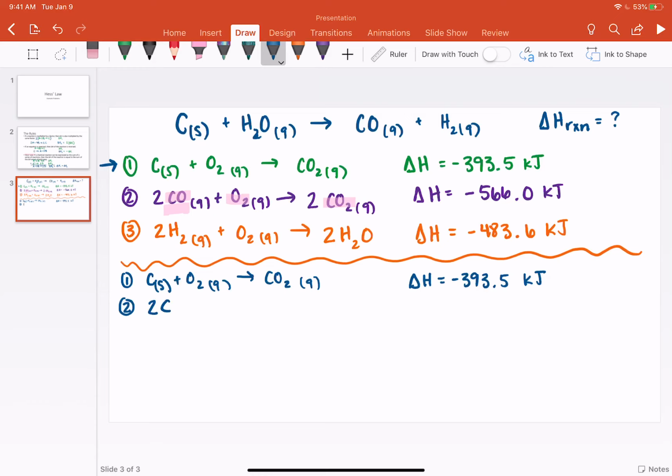then we're going to get 2 CO2 yields 2 CO plus O2 gas. And since we flipped that reaction, that means that we're going to have to change the sign.